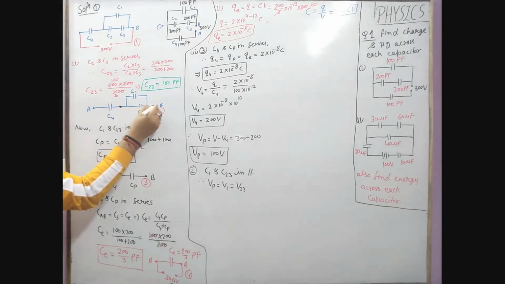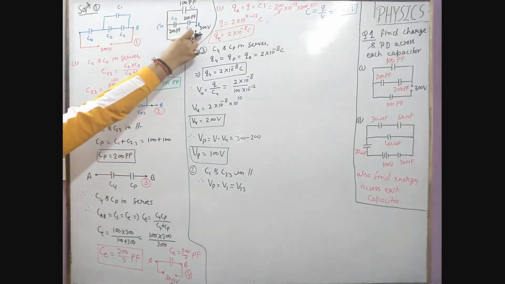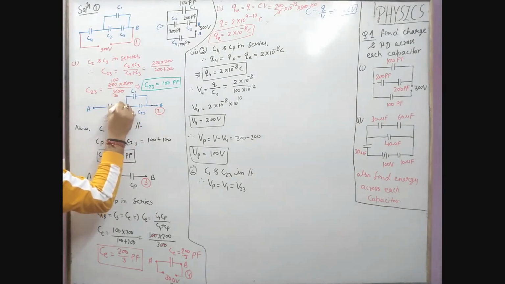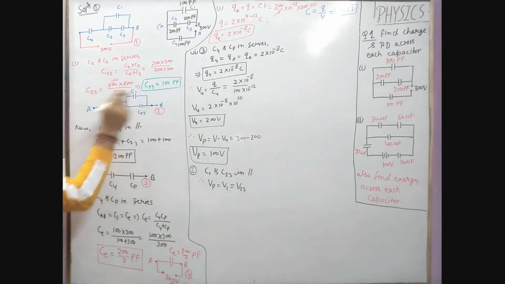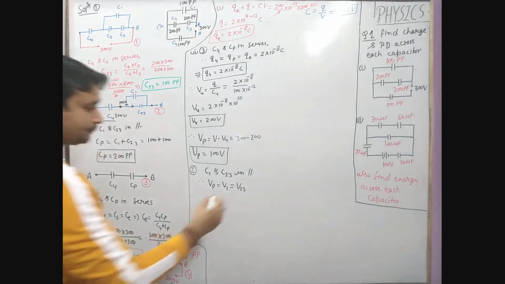For these 2 points, if this capacitor has 200 volt and in total we have 300 volt, then 100 volt is across the 2, so it is equal to 100 volt.